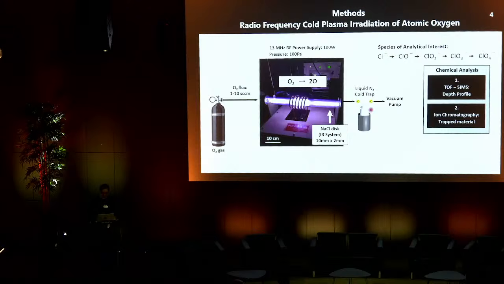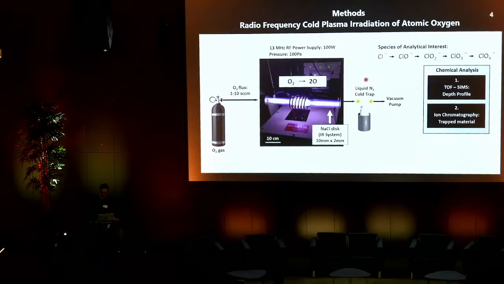And since the plasma environment is very complex, we do not only have atomic oxygen, we can also have charged particles, electrons. So we acknowledge that some material in our sample can be ejected or sputtered from our sample, and the gas phase reaction can also form these oxychlorines.